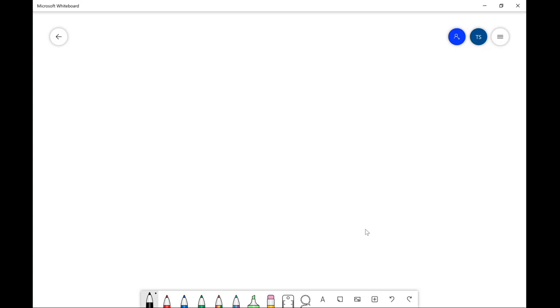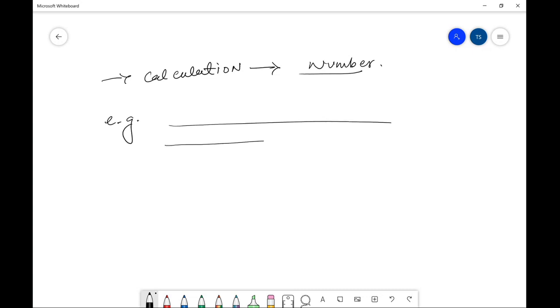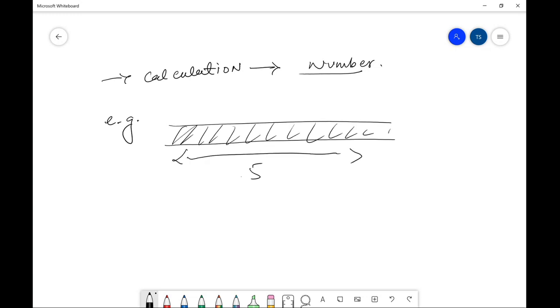Very often the calculations in engineering and science lead to a result which is not just a pure number. For example, if we were measuring the distance covered on a road and we say 5, that doesn't make sense unless we say 5 meters.